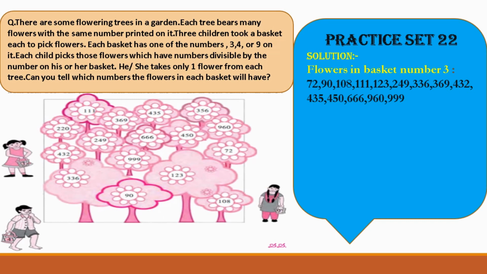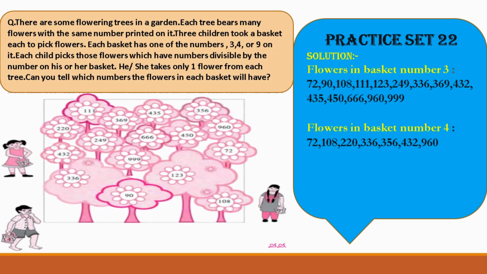Then the divisibility rule of 4. Once again we will revise. A number is divisible by 4 if the number formed by the last 2 digits is divisible by 4. Therefore, flowers in basket number 4 will be 72, 108, 220, 336, 356, 432 and 960.